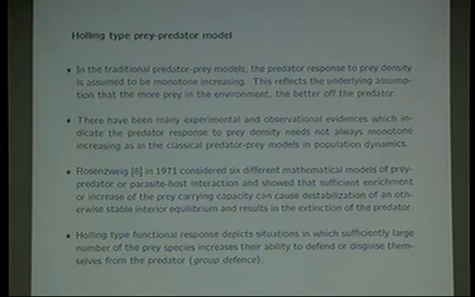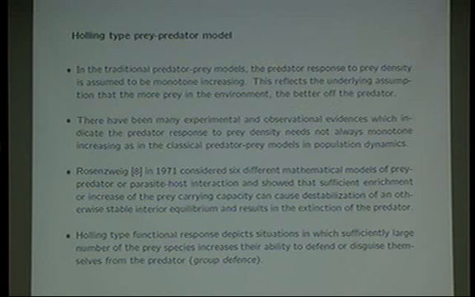So a higher density of prey may not be helpful for the predator. It may make the predator extinct. So the predator response in that case should not be linear in u and v.